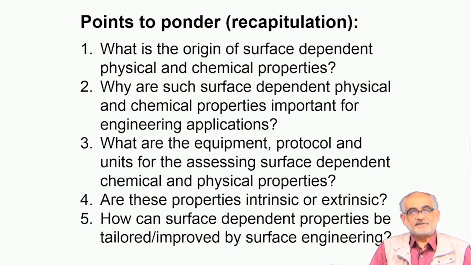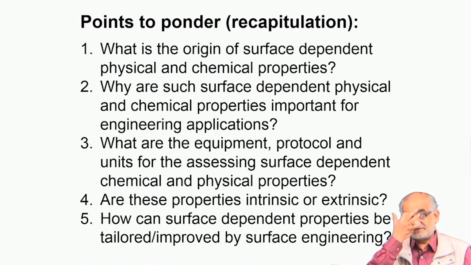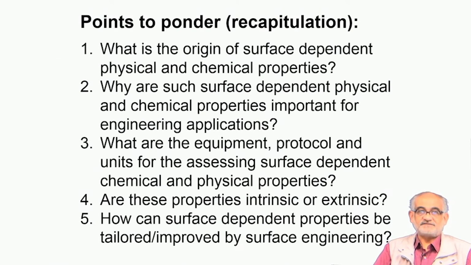So these surface dependent properties coming from physical or chemical activation are very important, because as we discussed in the previous lecture, they determine the life, the reliability, the safety, the overall utility of the component in the long run. We should be aware of the various kinds of equipment and protocols used for assessing the surface dependent properties.